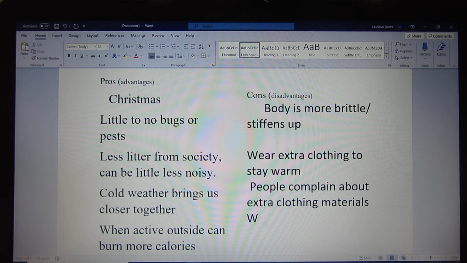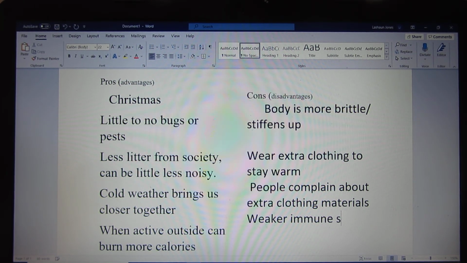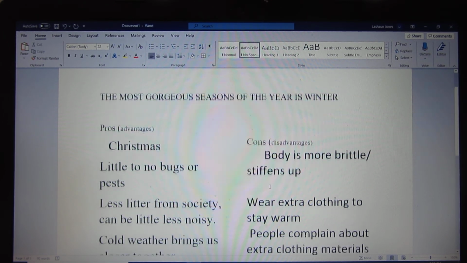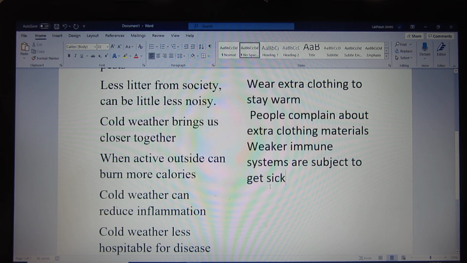Another one is weaker immune systems are subject to get sick faster. Well, another one, flu season. Another problem with winter is flu season.